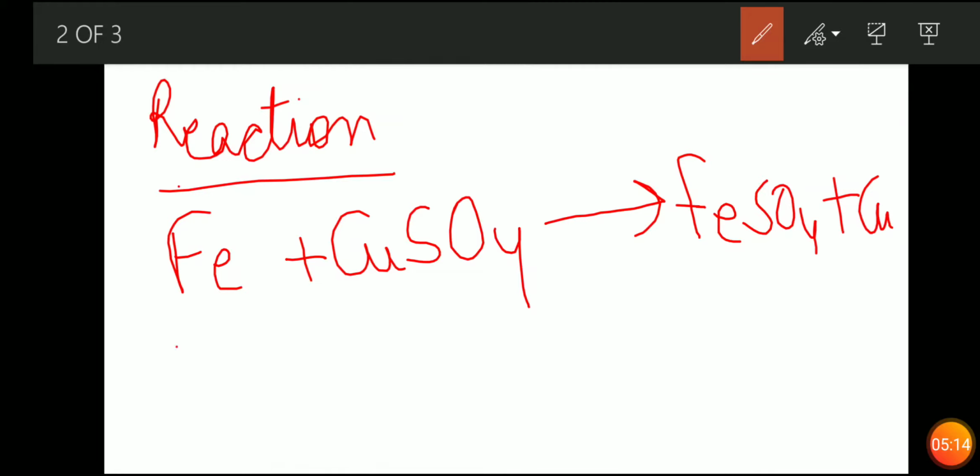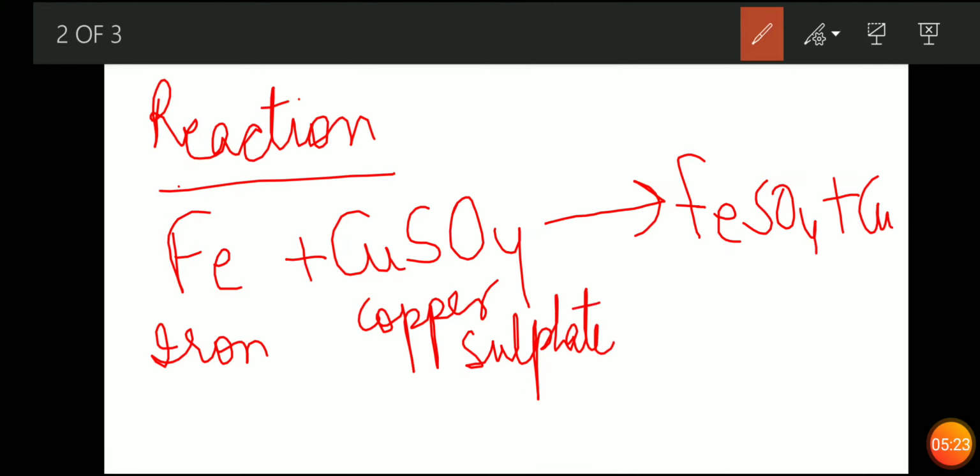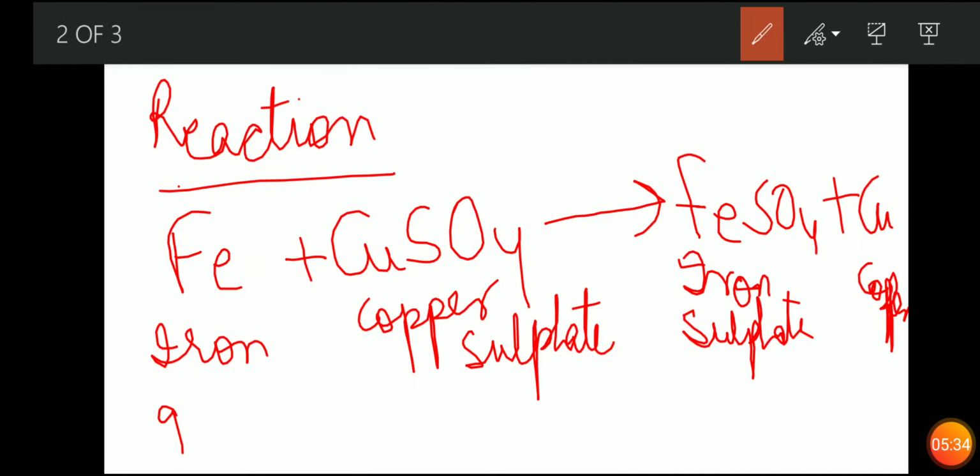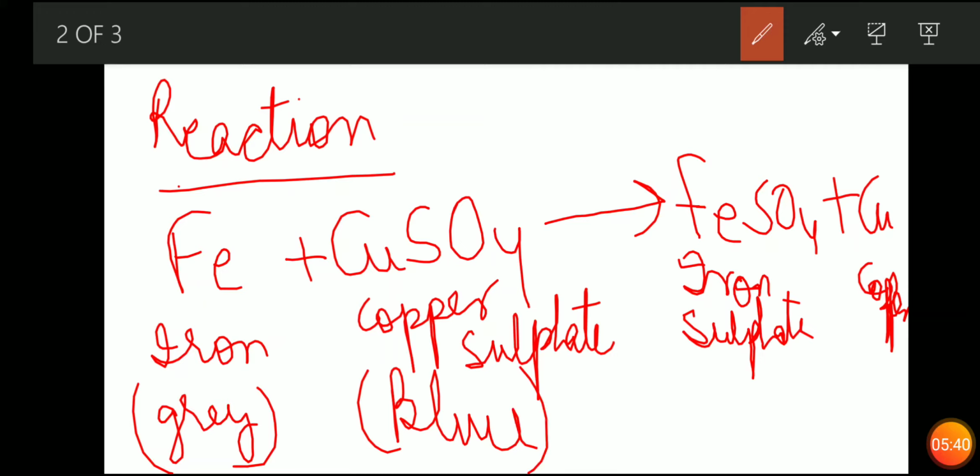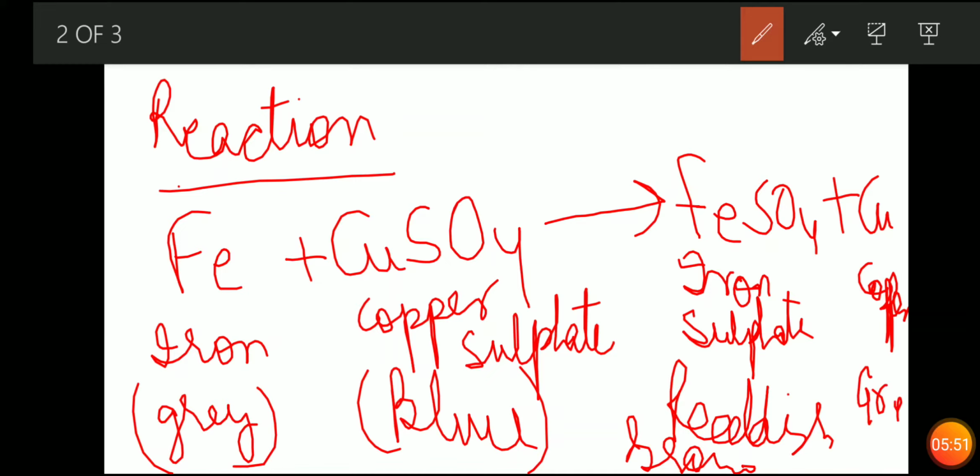You will write iron, copper sulfate solution, iron sulfate and copper. This is gray in color, this is blue, and iron will become reddish brown, and the solution will appear as light green. So this is a reaction that you have to write.